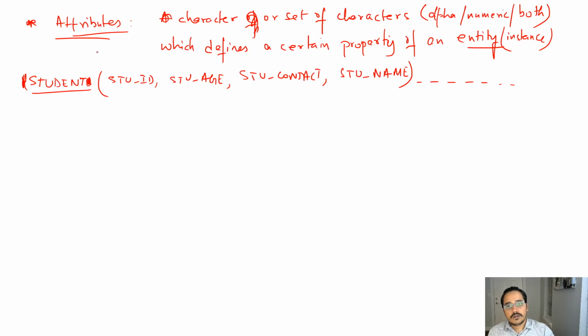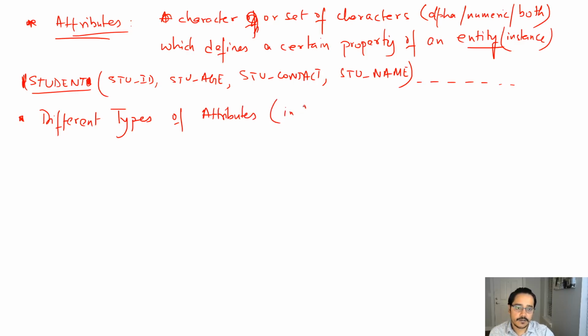So let us look at the different types of attributes that are supported by the ER model, which you have to account for when you are developing a database design.